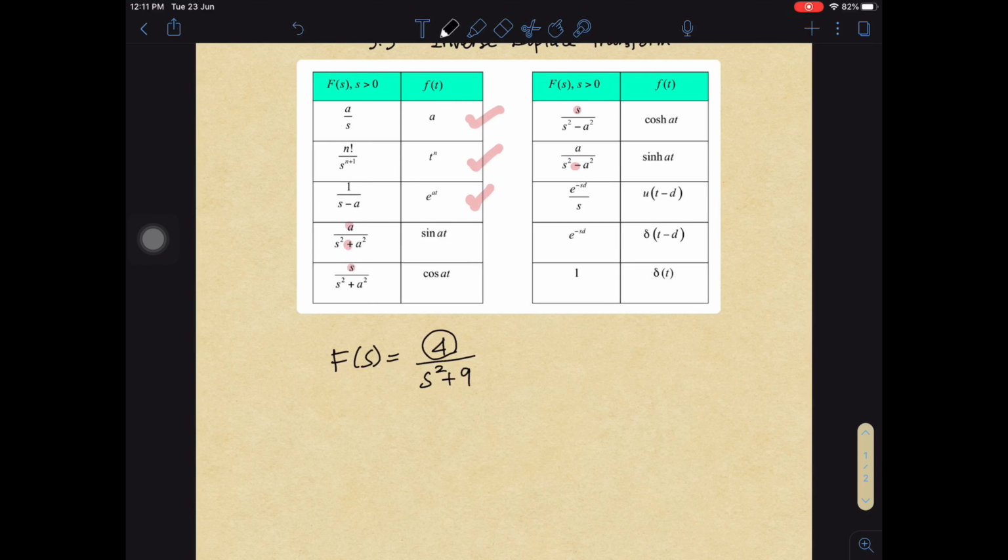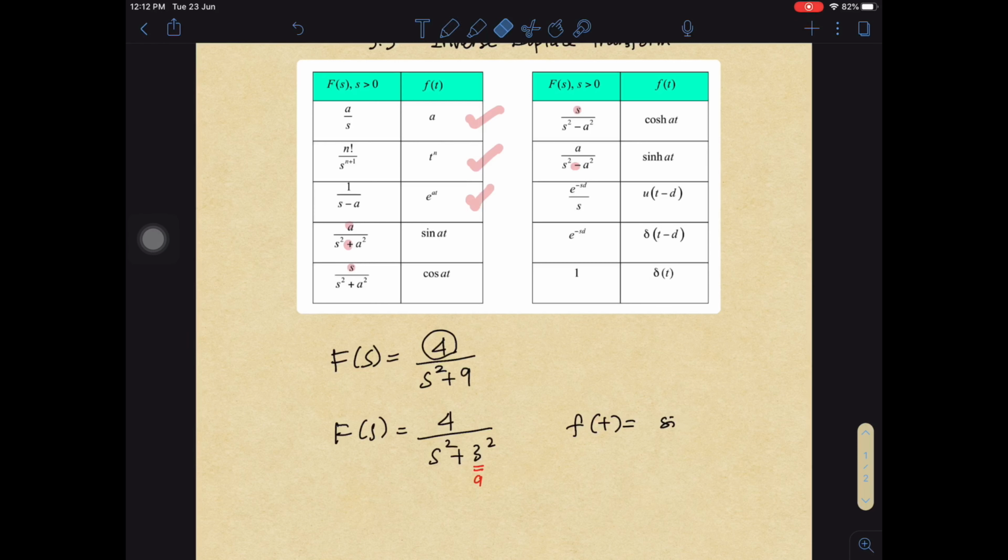Okay, so this one can be written as F(s) equal to 4 over s square plus 3 square. If you compare this equation with your table, you know that this 3 is equal to a. So you can write the function f(t) for this F(s) as sine at, where a is equal to 3.